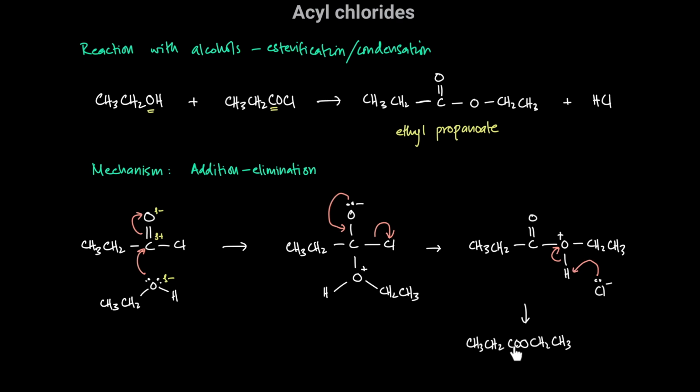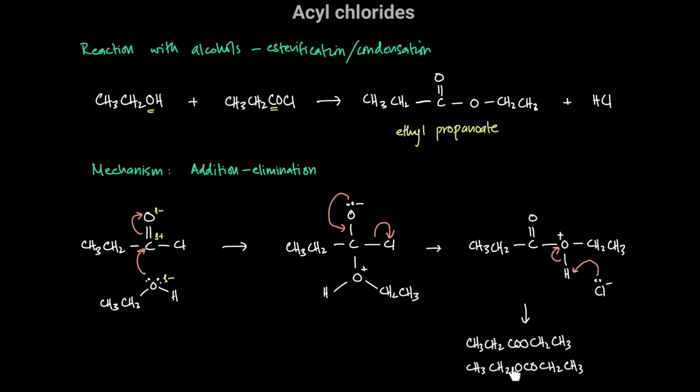Now if you see COO, that means on the left hand side we have the acid or the acyl chloride group written, and then on the right hand side we have the alcohol part written, right? The structural formula for this, if you wrote it from right to left, can also be written as CH3, CH2, OCO, CH2, CH3.